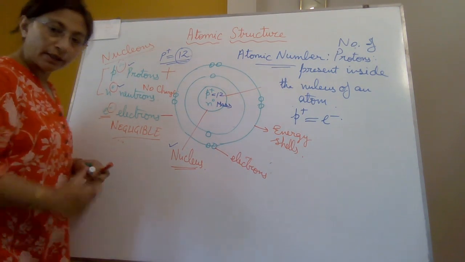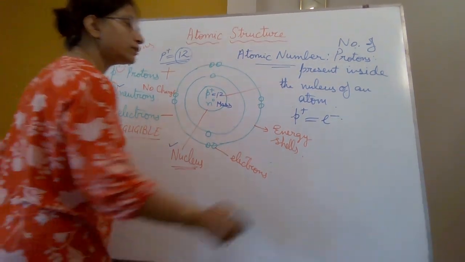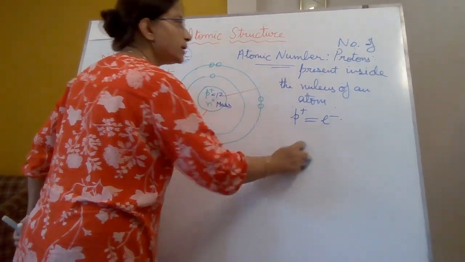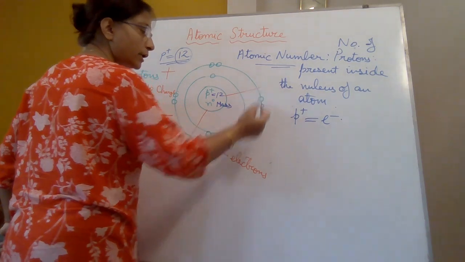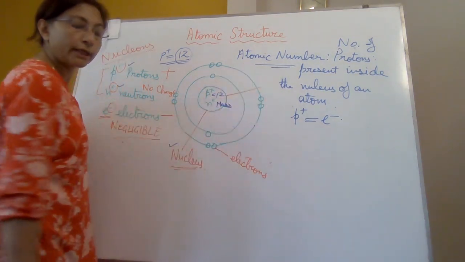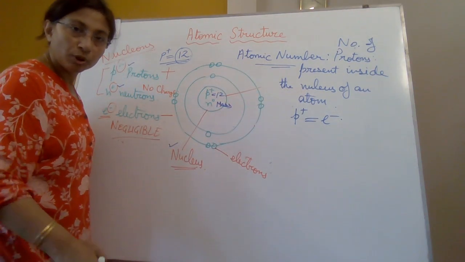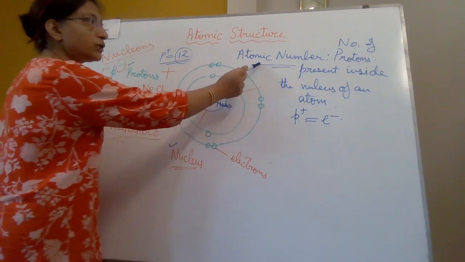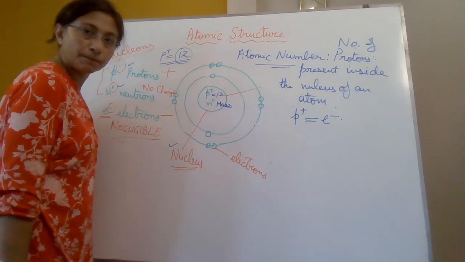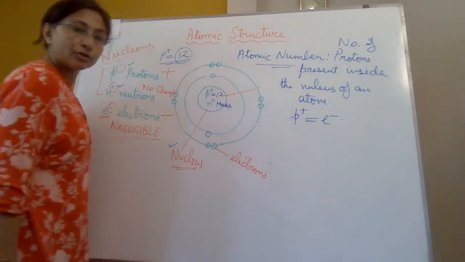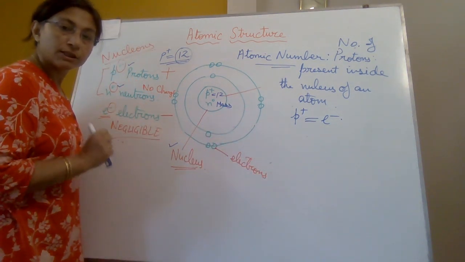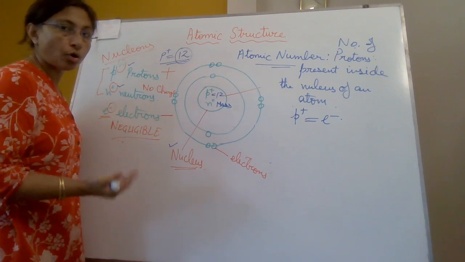Now the question again arises that why can't we write that number of electrons in the atom is called atomic number? Will it be wrong to say so if we define atomic number in terms of electrons? No, it will not be wrong, but since the electrons are not a constant number, they can be increased or decreased.